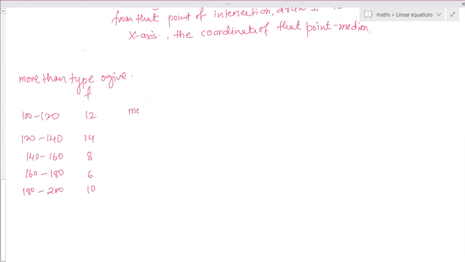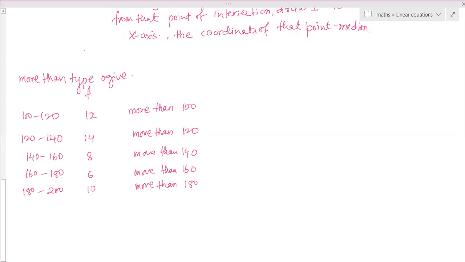So more than which value should come in this class? 100 or 120? 100, because more than means the value should be the lesser value. So that is more than 100, more than 120, more than 140, more than 160, and more than 180.